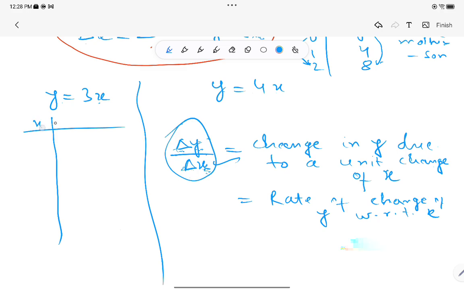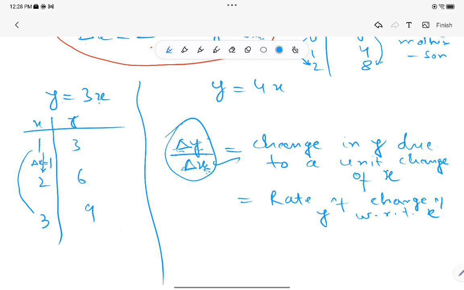This is x, this is y. Say I take x equal to 1, y equal to 3, 1s are 3; x equal to 2, y equal to 3, 2s are 6; x equal to 3, y equal to 3, 3s are 9. First, let me take these two values. What is the change in x from this to this? Exactly 1, x changed by 1.